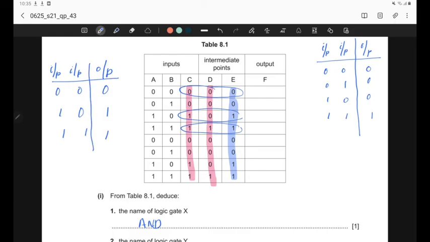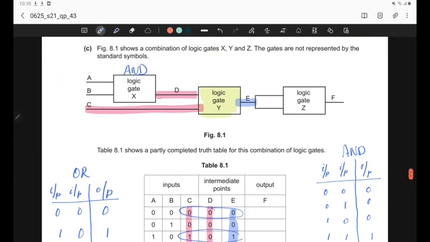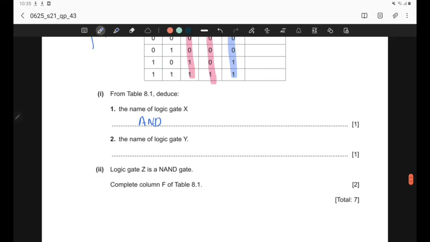So this is the truth table of logic gate Y, and we can see this is the truth table of an OR gate. So Y must be an OR gate. Therefore for part 1, question 2, we can answer the name of logic gate. Why it must be an OR gate.